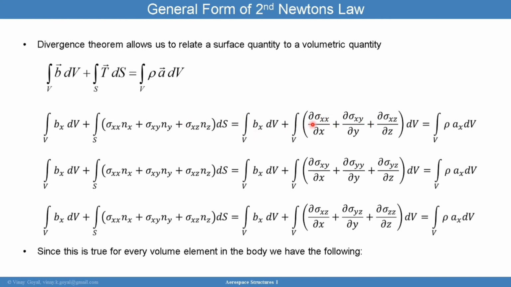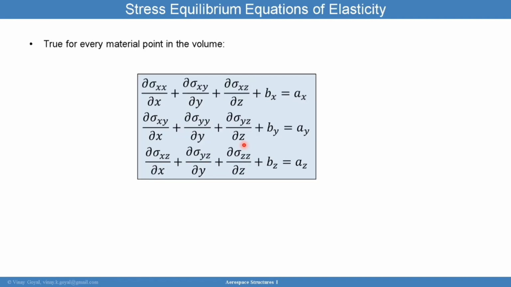Now that I have everything in volume quantity, I can now realize that this is true for every point in the volume of the body. And so I can then bring everything to the left side of the equation and put it all in a single volume quantity.